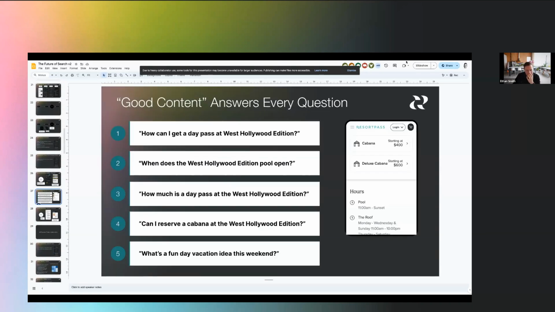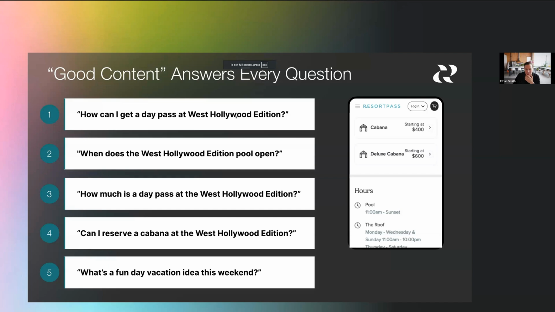So I wouldn't say we optimize for FAQ pages, but it's more so that all of the landing pages should know the questions that they have answers for and maybe have FAQs. So for the Resort Pass page on West Hollywood Edition, we need to make sure that we're answering all these questions. That could be in the form of FAQ. That could be for, what are the hours? It doesn't have to be framed as an FAQ, but it needs to be on that page. And the answer needs to be able to grab that.